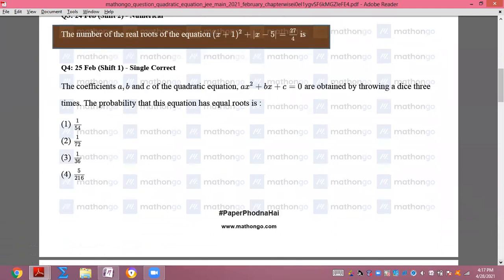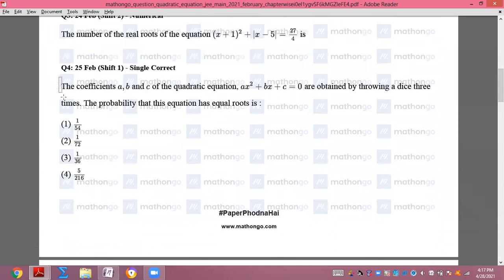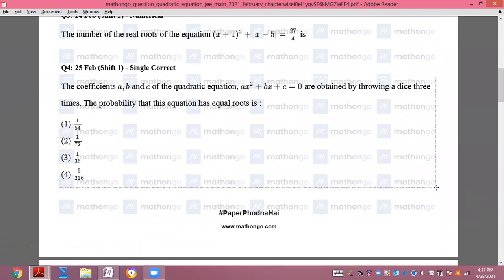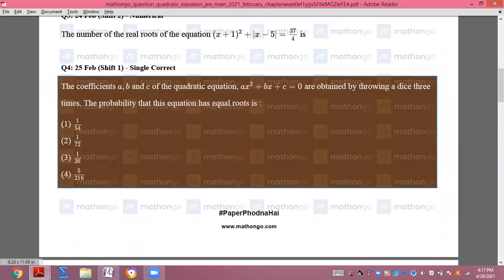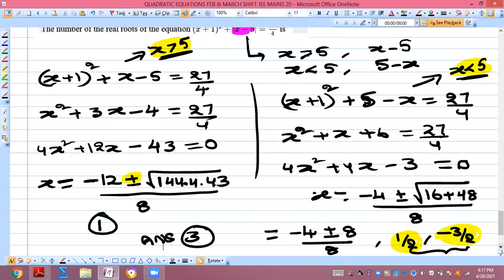Now let's check the fourth one. They link this question with probability. The coefficients a, b, c of the quadratic equation ax square plus bx plus c is 0 are obtained by throwing a die 3 times.